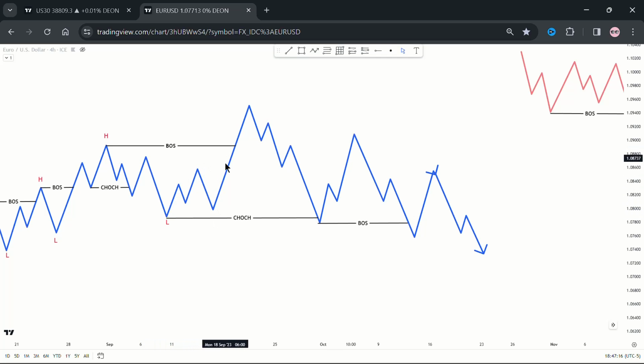It's not just a pullback here, this is internal structure also. You can clearly see it made a pullback here, went up, took out some inducement there, and then started going to the upside.